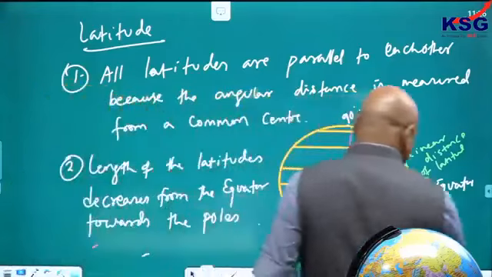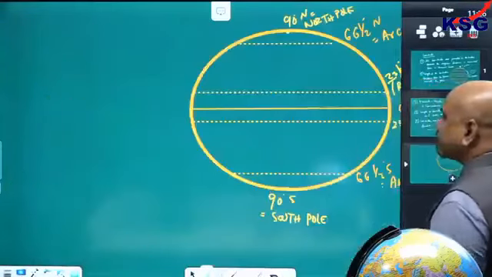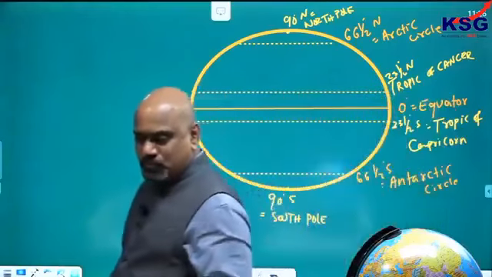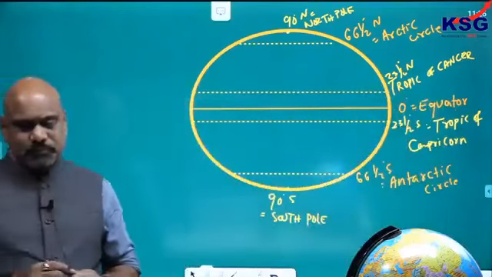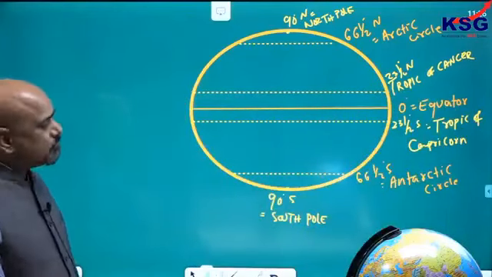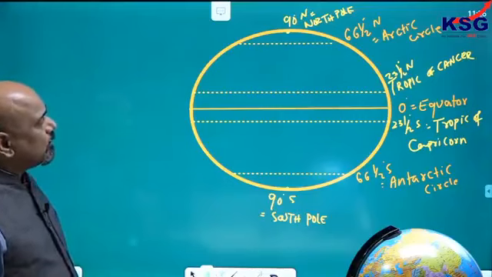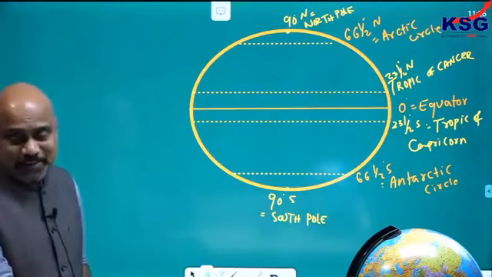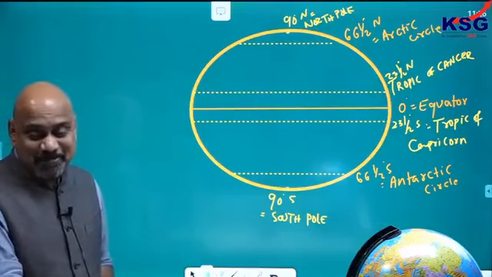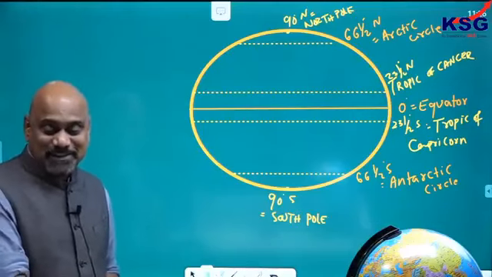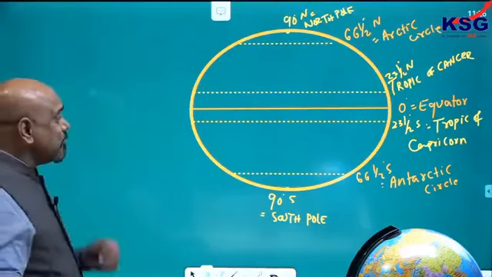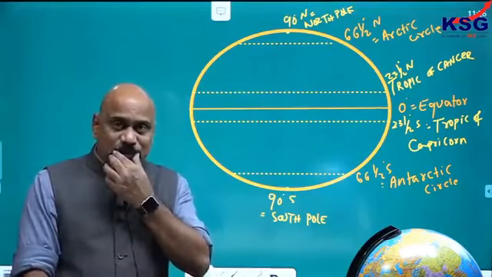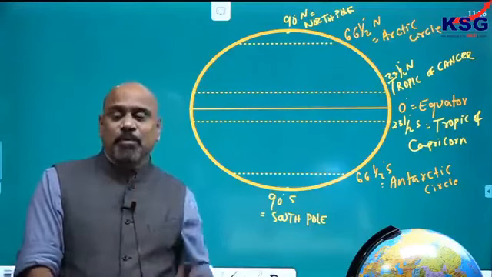Now let me again come to this point. As I was talking about latitudes, why does the polar region face a continuous 6-month day and 6-month night? Is it because of the 66.5 degree axis? Yes, of course. The day and night and seasons will be explained in detail when I take the climatology part.